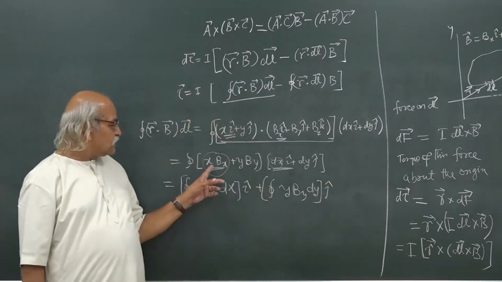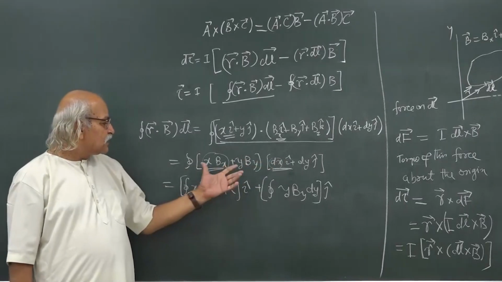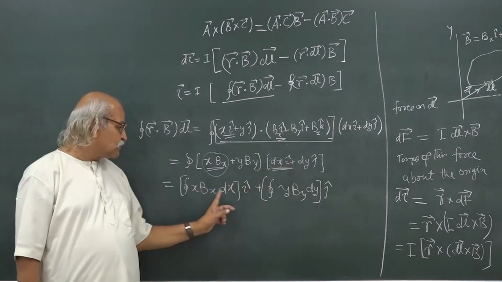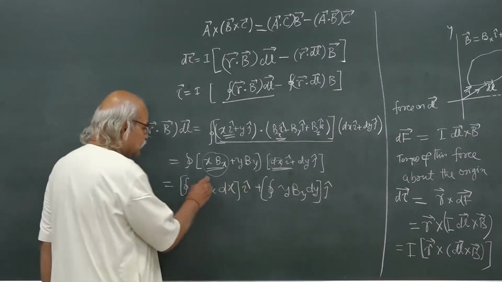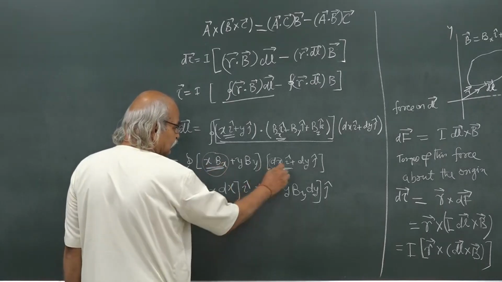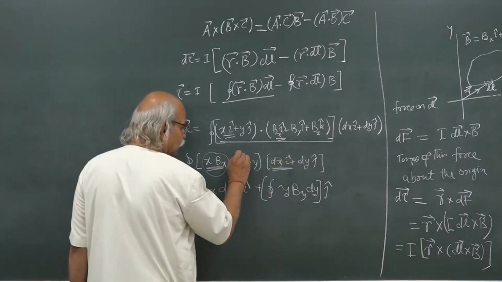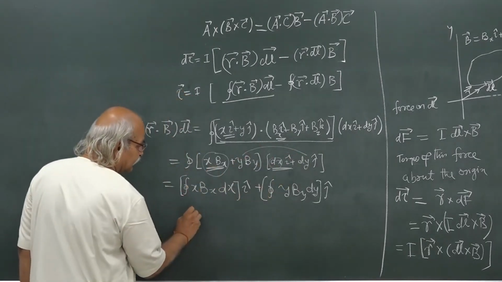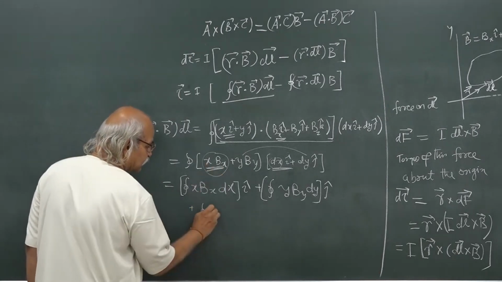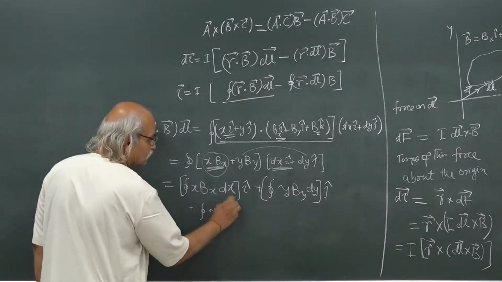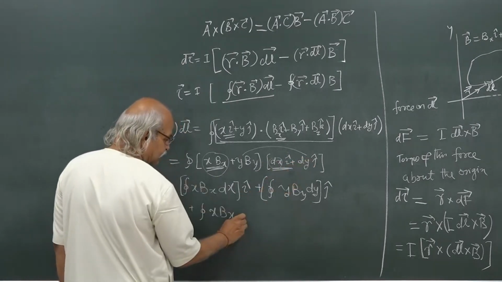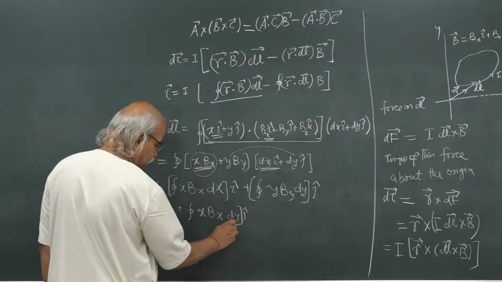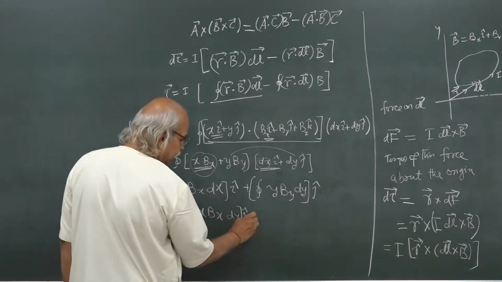Okay. Once again, I am opening this bracket. There are two terms here, there are two terms here. So you will have four terms. So those four terms I am trying to write. So this is x bx i cap. Then we have written this y by j cap. What is left? The left thing is x bx and then this dy j cap, and then plus here.